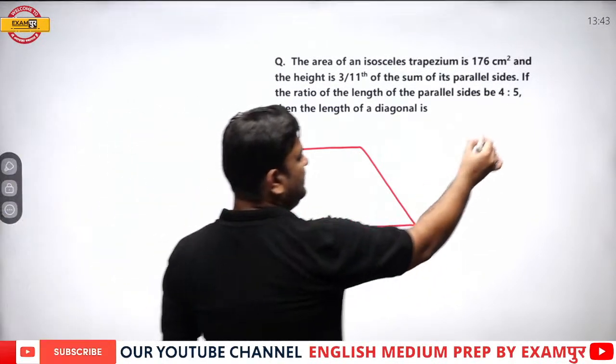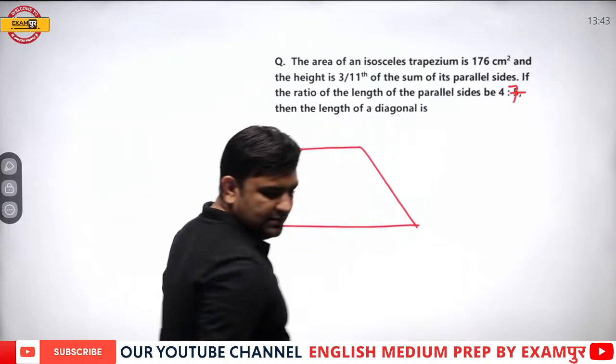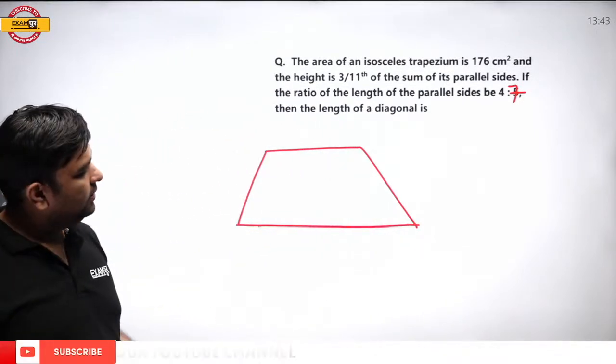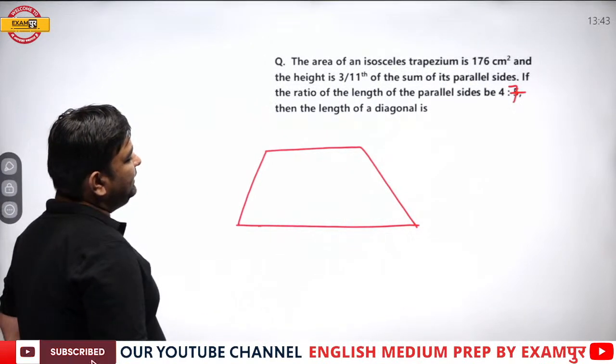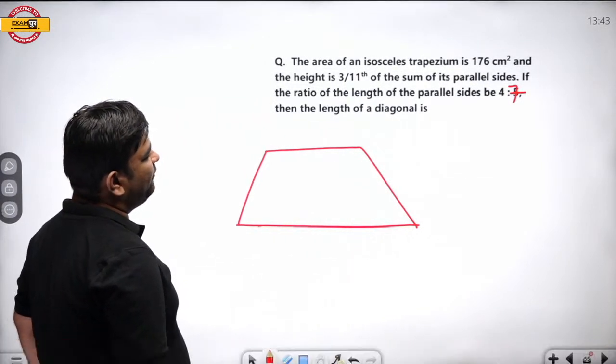Okay, make it 7, yeah? Make it 7. Height is 3 by 11 of the sum of parallel sides.